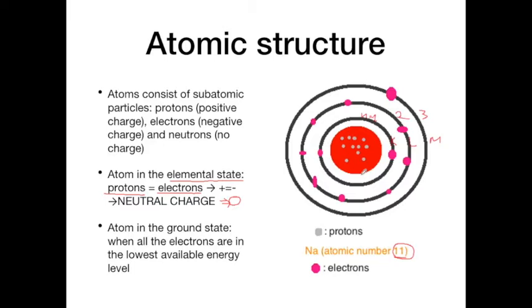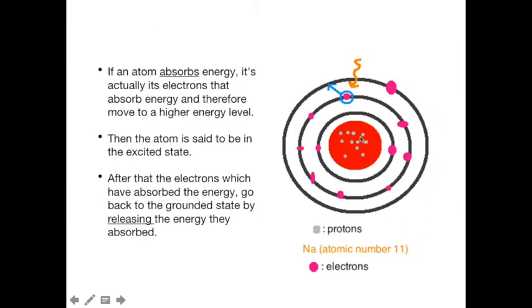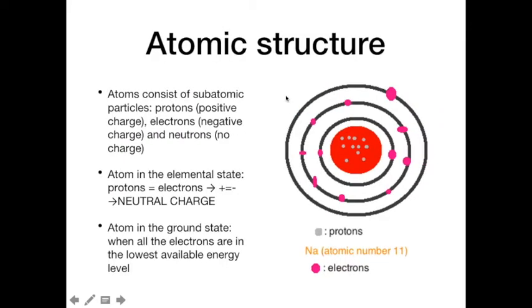So K is the lowest energy cell, L the next lowest, and M the next. So if I were to give you the energy level of each of them, it will be K, higher L, and higher M, etc. But when an atom has all the electrons in the lowest available energy level, like the sodium right here, it's said to be in the ground state.